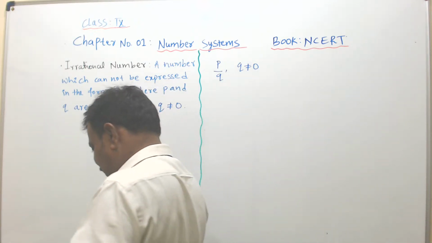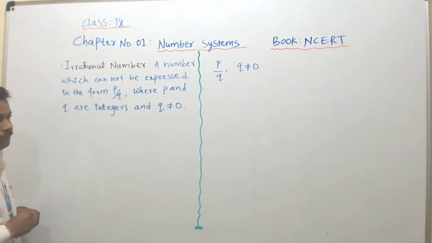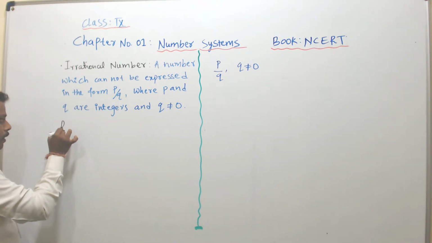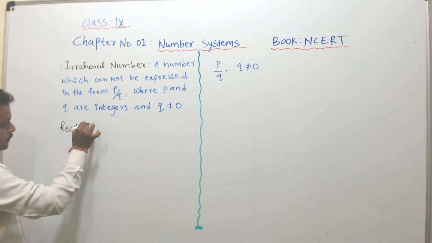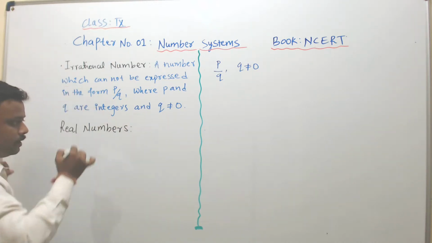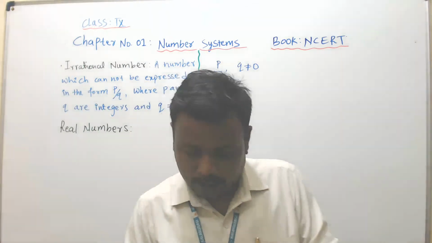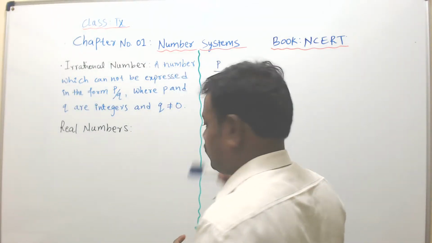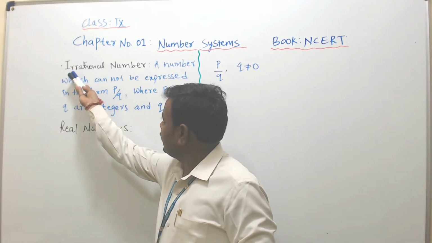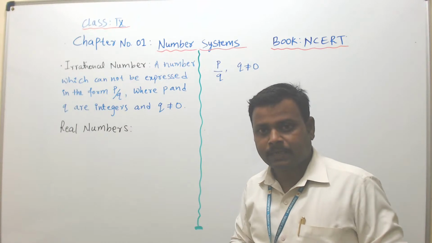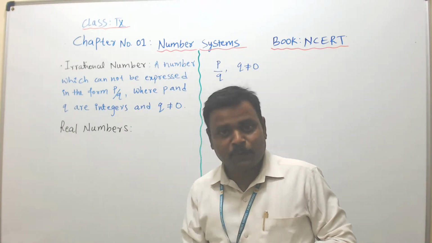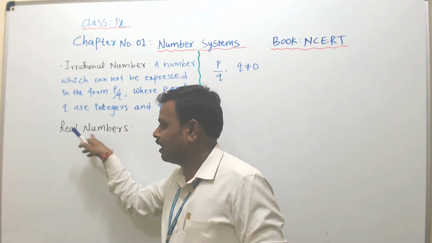Now we are moving to the real numbers. Yesterday the definition of rational number and today the definition of irrational number. Rational numbers and irrational numbers taken together are called real numbers.